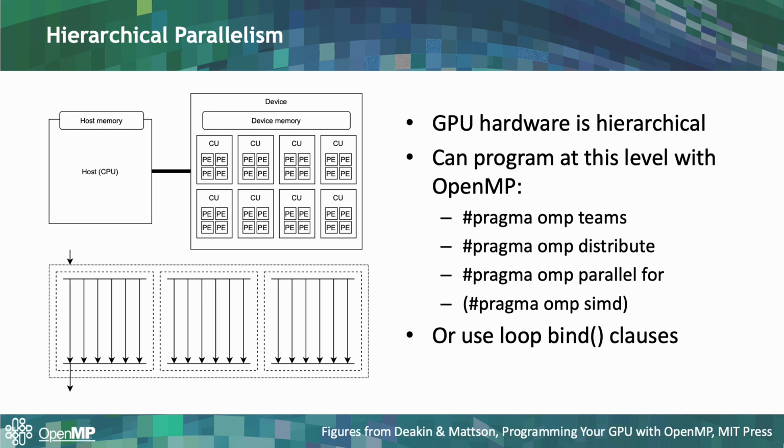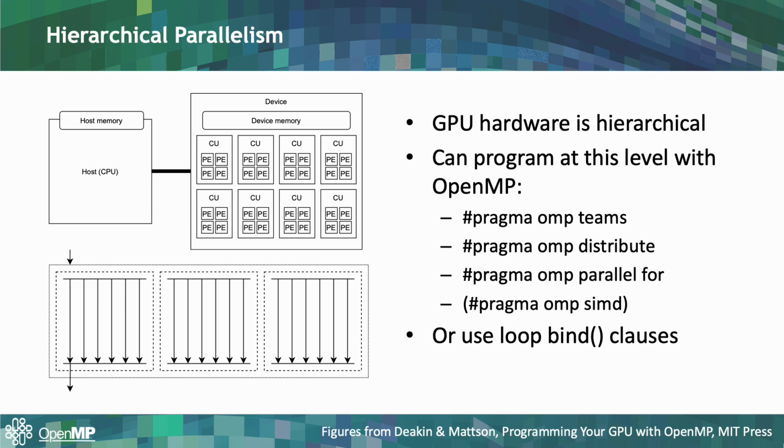This shares the work of a loop between teams. Now within a team, everything behaves on a CPU, as we know and love with parallel threads in OpenMP, just behaves as normal. We can launch parallel threads and distribute the work between those threads within the team with Pragma OMP parallel and Pragma OMP for respectively. And we can also use the SIMD clause to say that those threads should be vectorized.